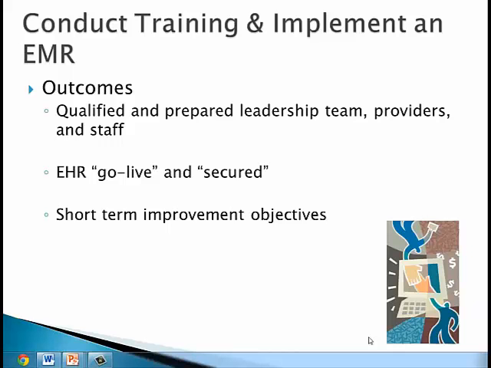We want to go live. We want the EMR to be able to go live, and we want it secured. We want it safe. And in the short term, we want to improve objectives. We want to optimize the system. We want overall a better system in place than what we had previously.